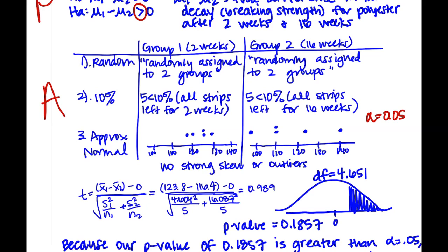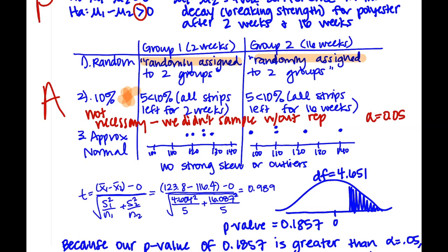I do want to make a comment here. Whenever we have random assignment, then typically this 10% condition is not necessary because we didn't sample without replacement.